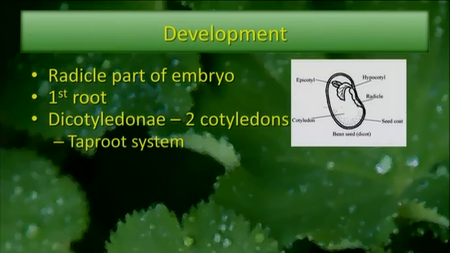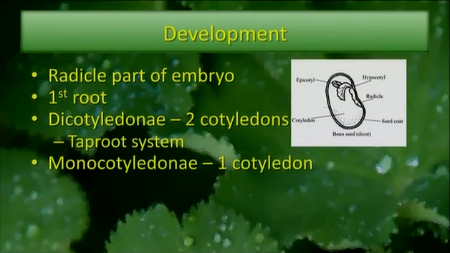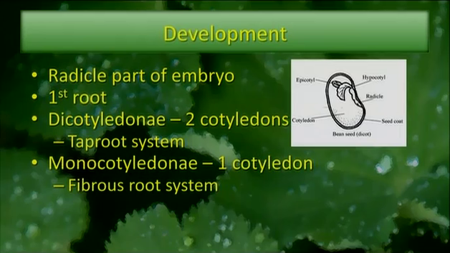Dicotyledony actually comes from two cotyledons, right? So we have this taproot system that grows in the dicots when the dicots develop from seeds. And then we have the monocotyledony, which have one cotyledon, and monocots tend to have a fibrous root system. So taproots, dicots. Fibrous roots, monocots.